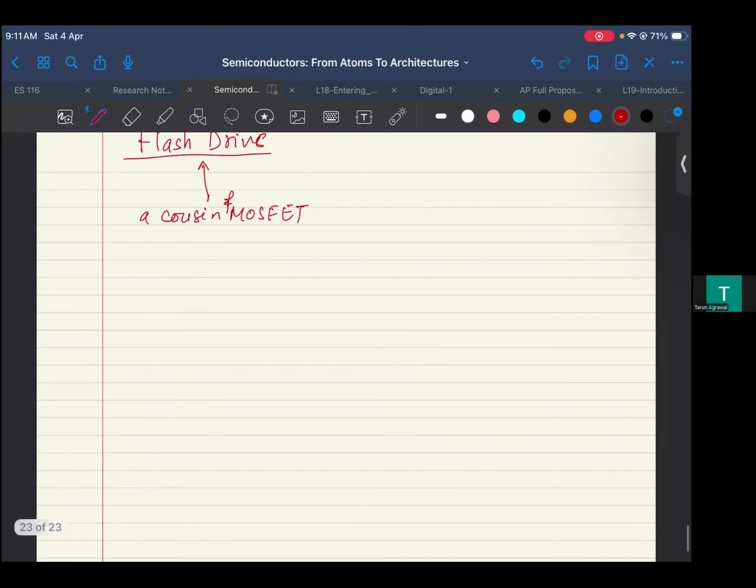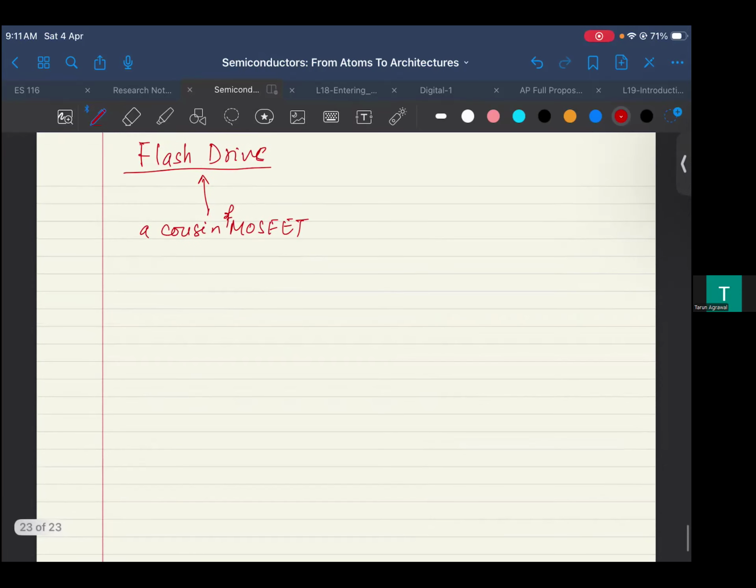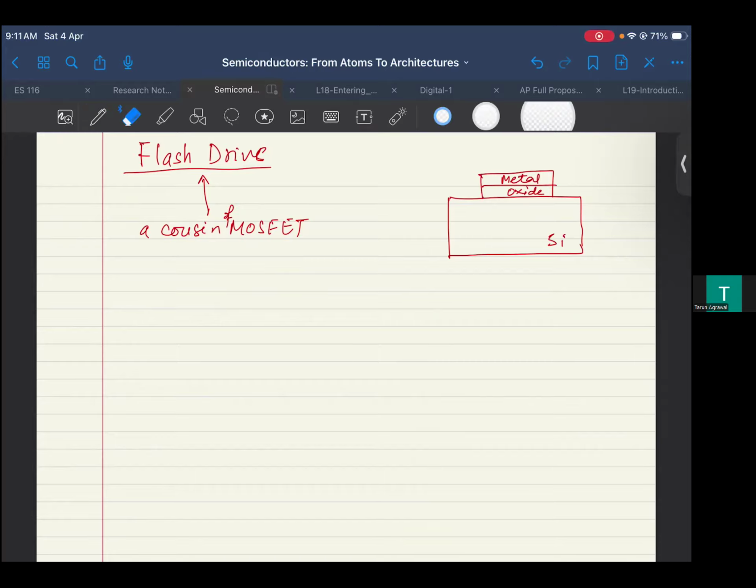We already talked about the structure, about how to bring the capability of having your data stored, right? Because we are not putting any capacitor here like in DRAMs. This is your normal MOSFET. So what we do inside this MOSFET is, rather than putting the metal there, we put in first a floating gate.